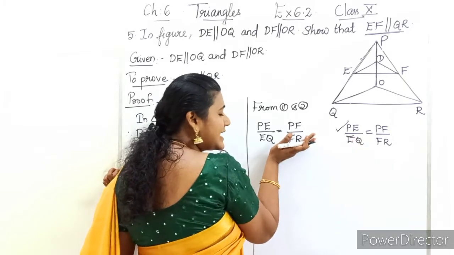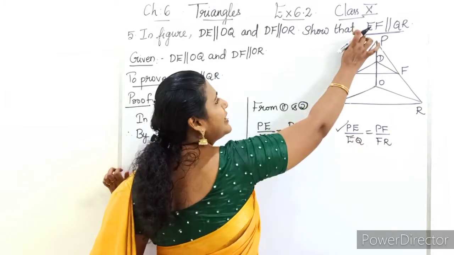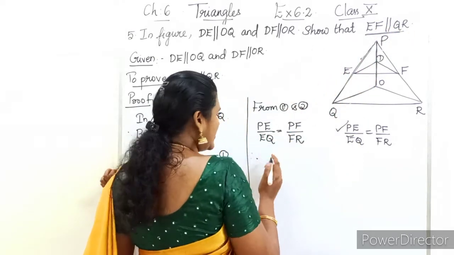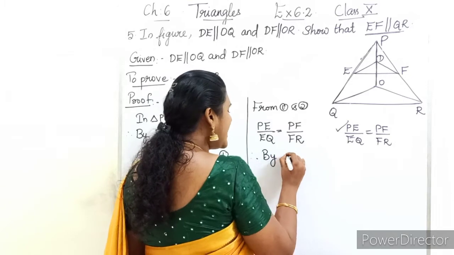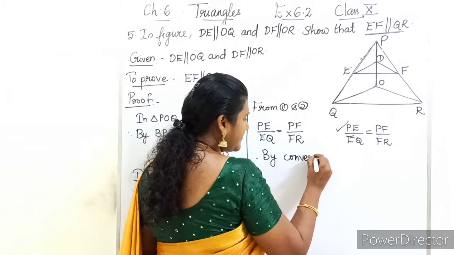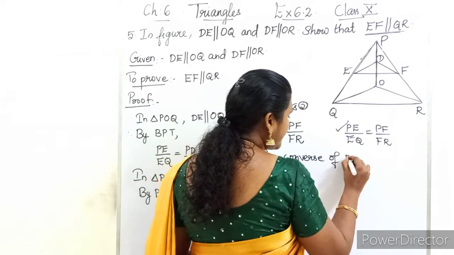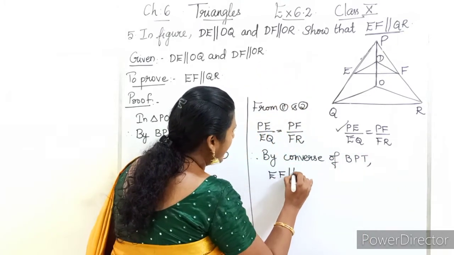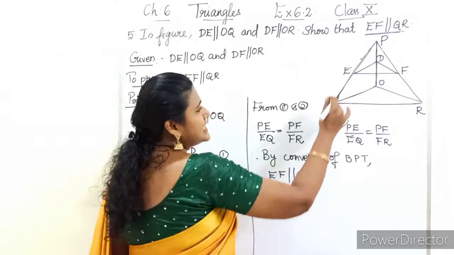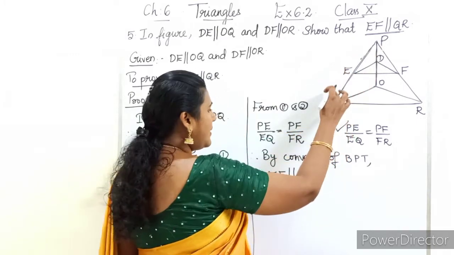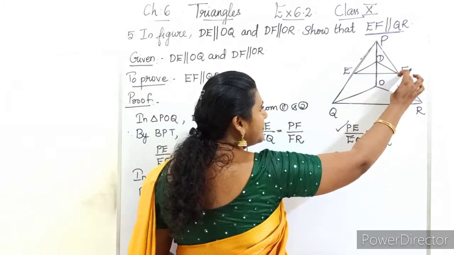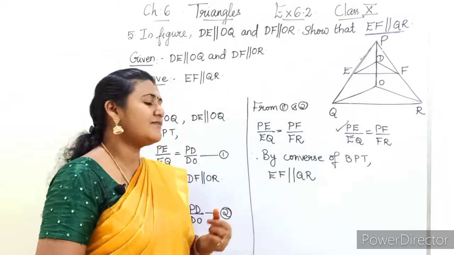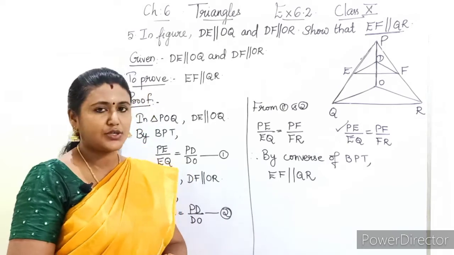So this is the condition we need for proving these two lines are parallel. Since we got the condition PE by EQ is equal to PF by FR, by converse of basic proportionality theorem, we can say EF is parallel to QR.